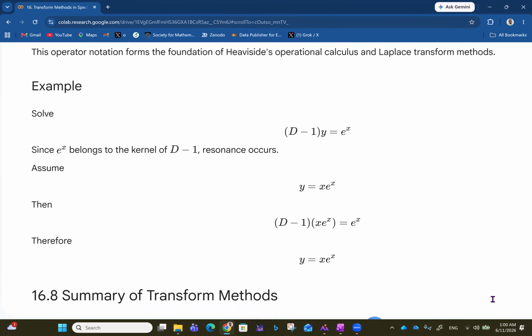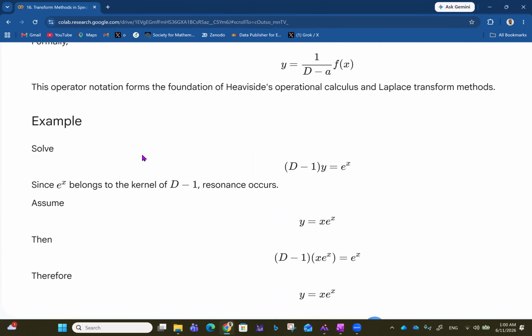By way of example again, if you want to solve D minus 1 acting on y equals e to the x, since e to the x belongs to the kernel of D minus 1, resonance occurs. So if we assume that y equals x e to the x, then D minus 1 acting on x e to the x is equal to e to the x. Therefore, y will have to be x e to the x.